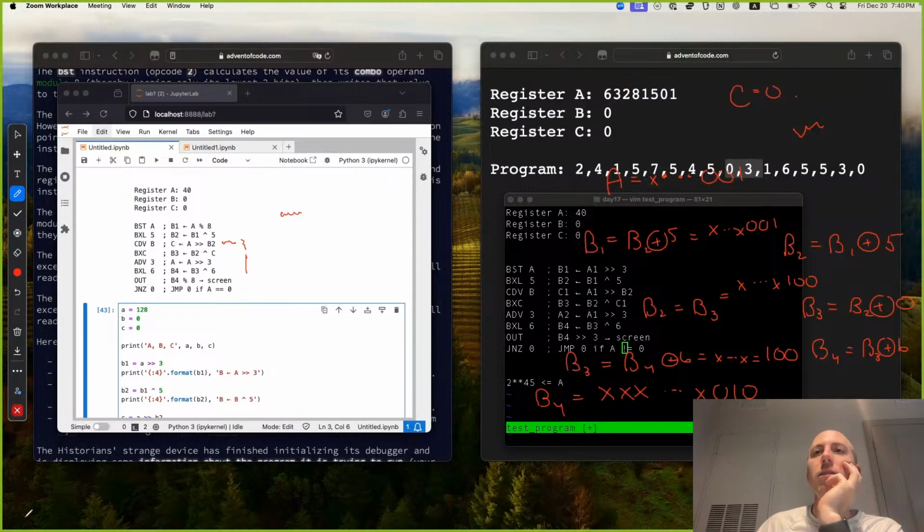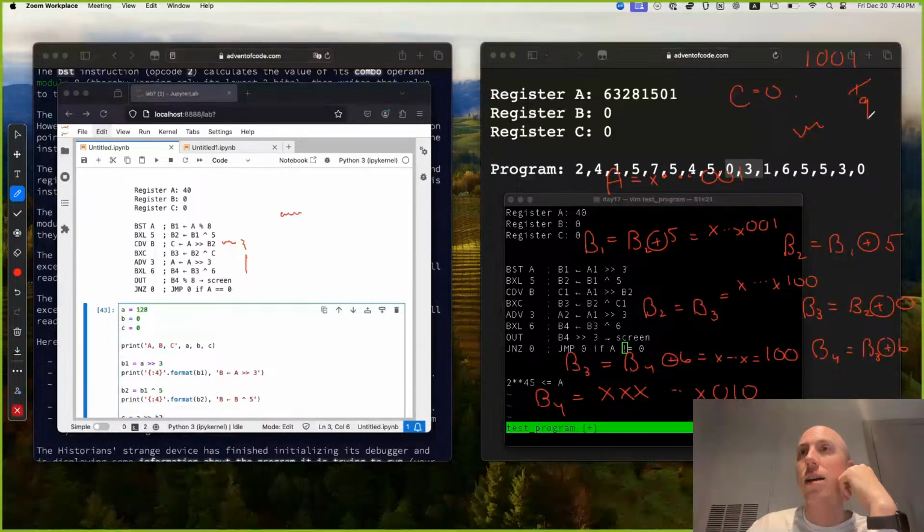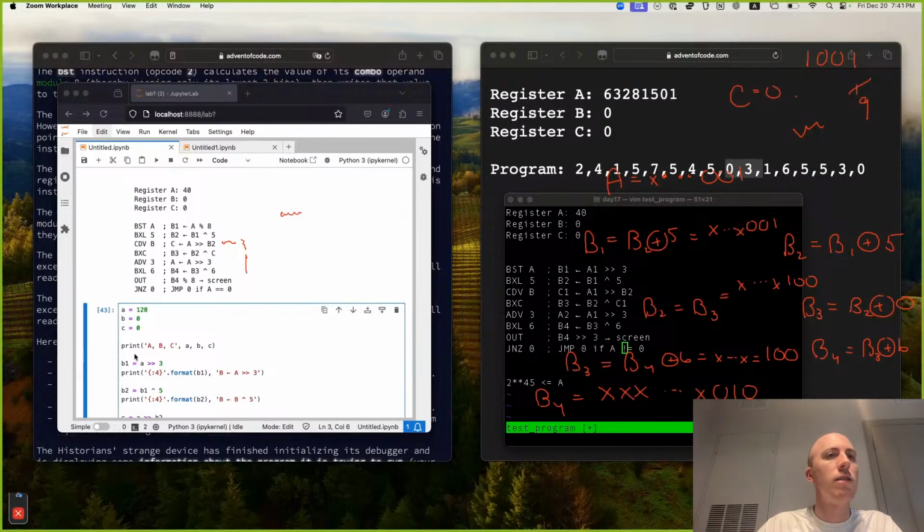What's a number that ends in 001, for instance? How about 1001, like this? This is just 1 plus 2 to the 3, so this is 9. So I would claim if A is 9 and C is 0, then we will print out a 2.